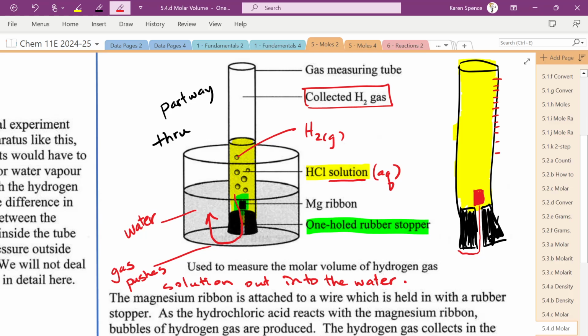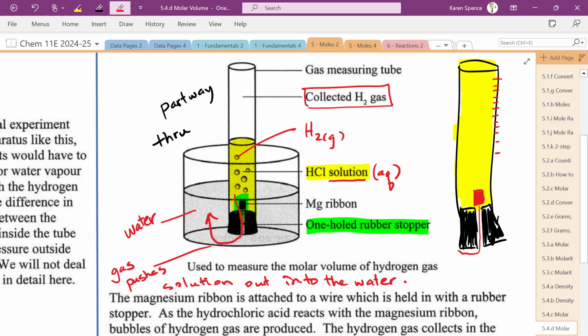If you have collected all of your gas and you want this lab to be a doable thing, and we'll explain why later, you need this level to be at exactly the same level as the water in the beaker. So I would need to collect more gas because right now my gas is here.